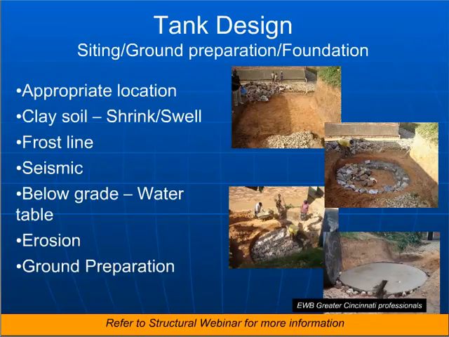It's actually ACI 350, which is a separate code for environmental structures, or basically water tanks, that you need to pay attention to. So make sure that if you are specifying a poured reinforced concrete tank, that you've made sure that all of the requirements for ACI 350 are met, not just the requirements for 318.